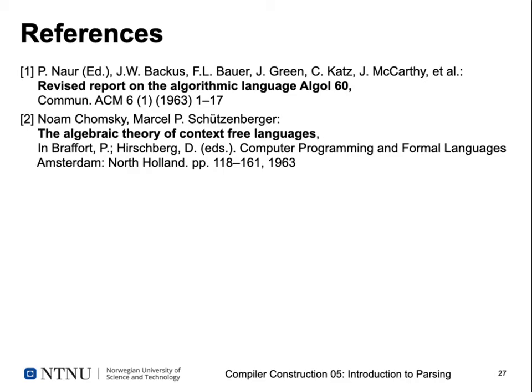They invented this BNF notation to design a then new programming language, Algol, which is the ancestor of so many languages like Pascal or Modula, which were very popular in the 1980s and 90s. And Chomsky has a paper also written in 1963 on the algebraic theory of context-free languages. These are pretty formal, but if you're interested, I encourage you to take a closer look.